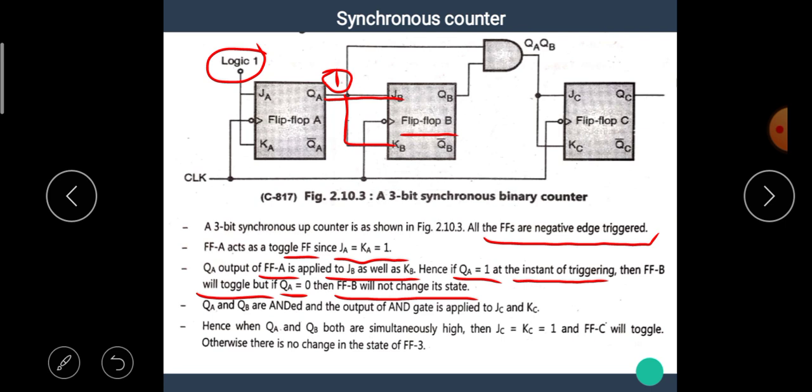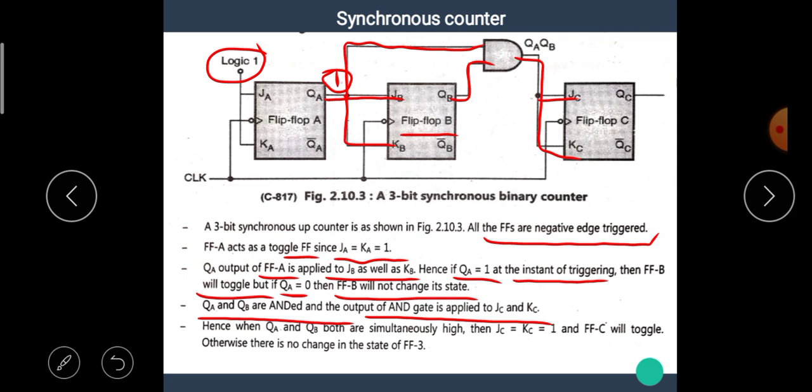Similarly, QA and QB are ANDed and the output of the AND gate is applied to JC and KC.